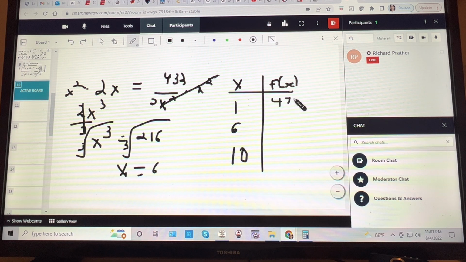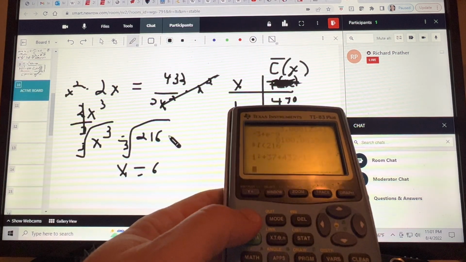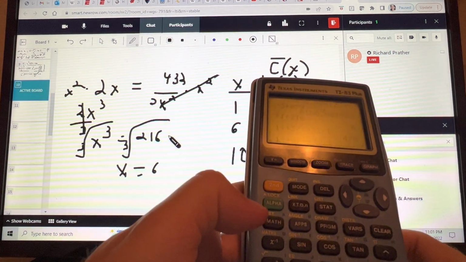So really I should put, let me cross this out. This is actually the average cost that I'm plugging this into. Now plug 6 in. Put a 6 here and down there. Or I can just hit second enter and change the 1s to 6s.